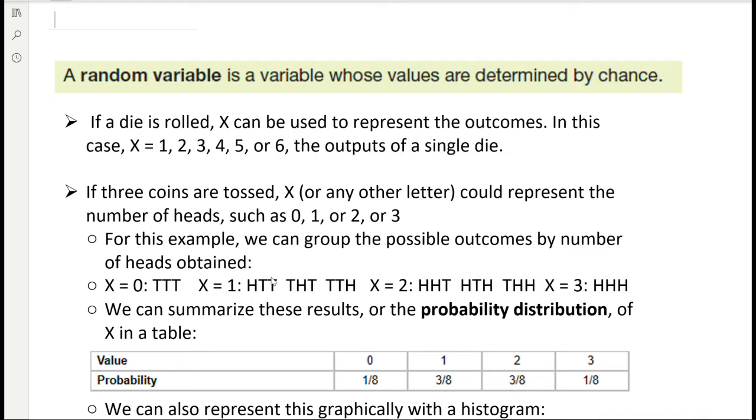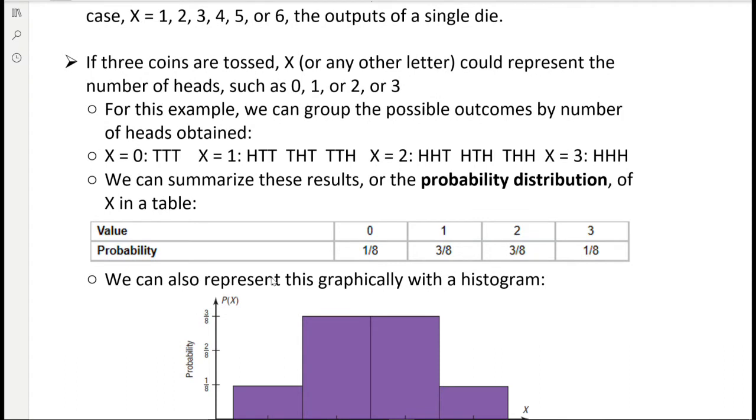Now take another example. If 3 coins are tossed, then x, or any other letter that you want to choose, could represent the number of heads, such as 0, 1, 2, or 3 heads. Now for this example, we're going to group the possible outcomes by the number of heads obtained for the 3 coin tosses. So we can have 3 tails, we can have 2 tails and 1 head, and those are the different possibilities.